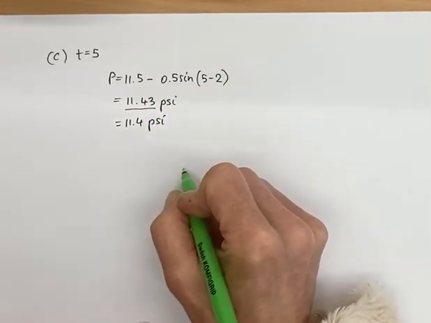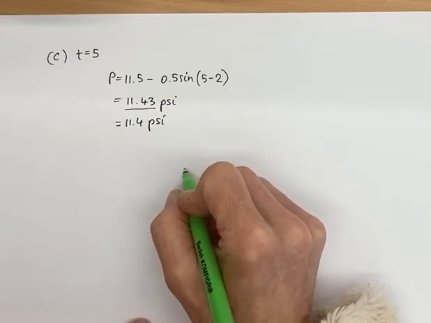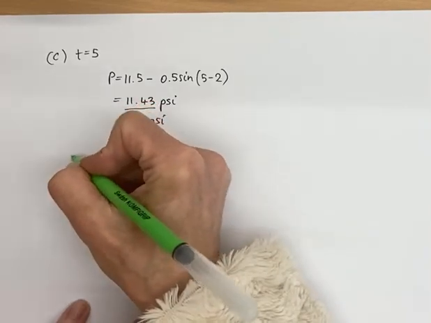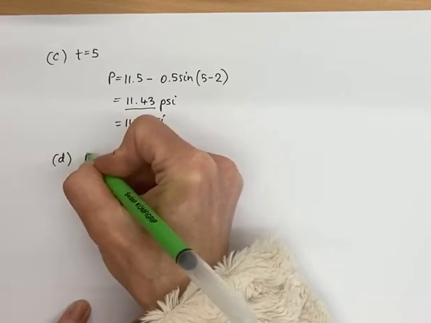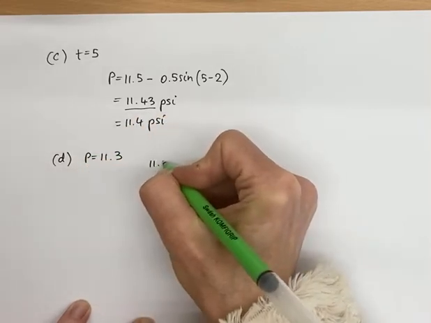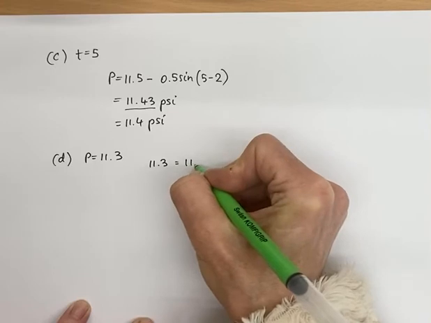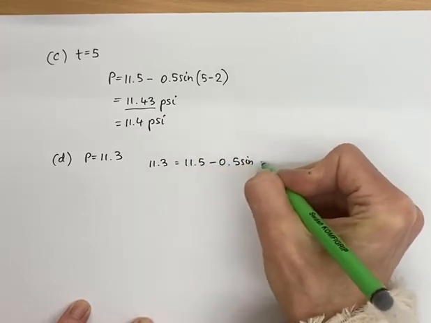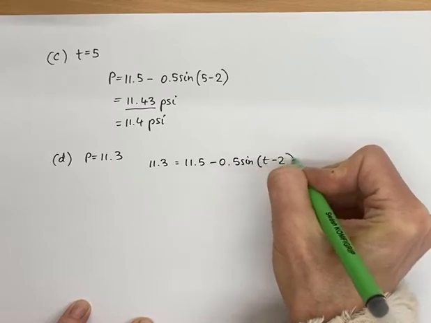And then find all the times during the first 8 hours of cruising that the cabin pressure would be exactly 11.3. So we are going to do P is equal to 11.3. So replace P with 11.3 in the equation and just solve that trig equation. So we're just applying our methods that we've practiced before.